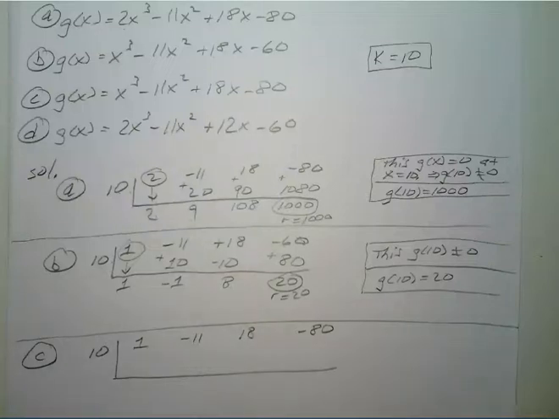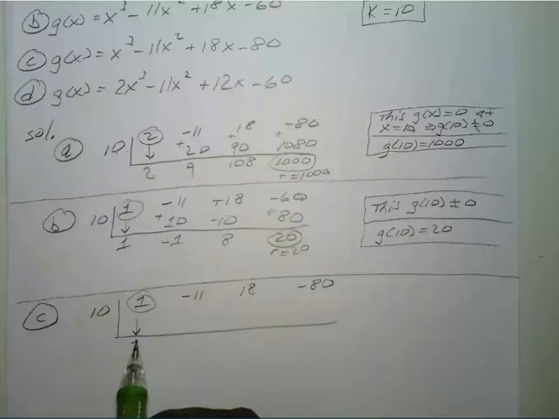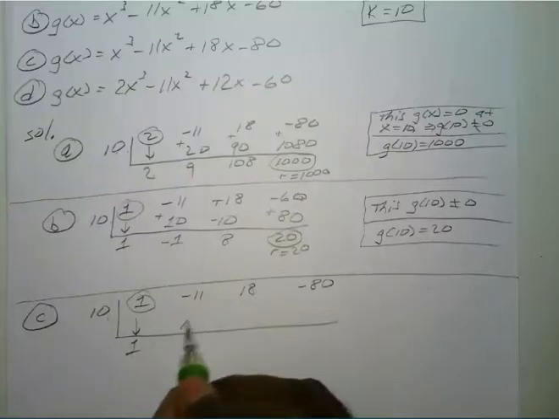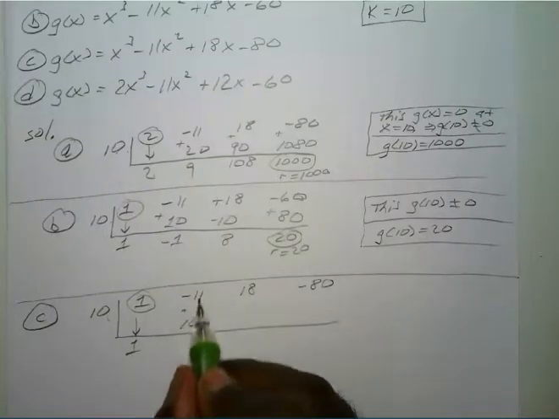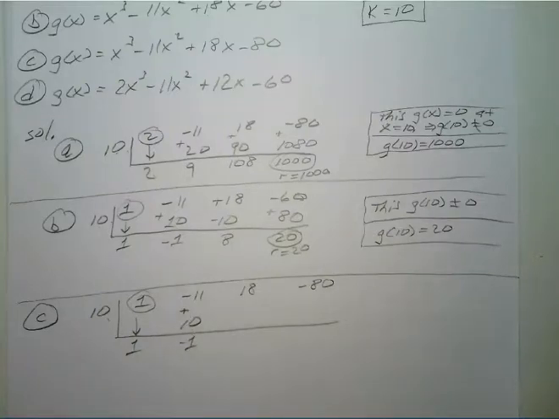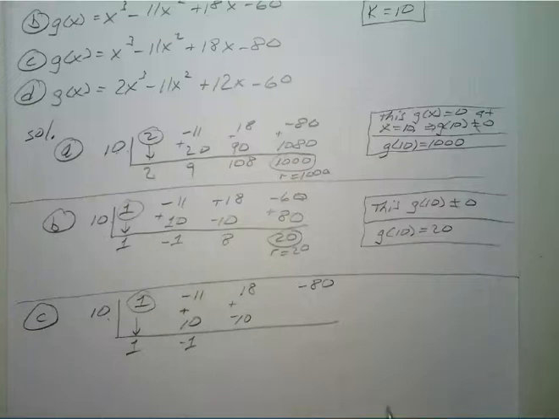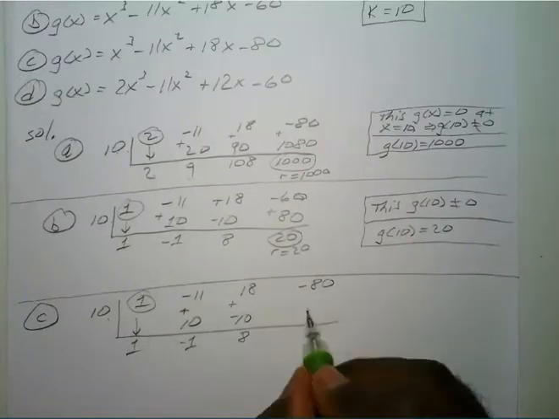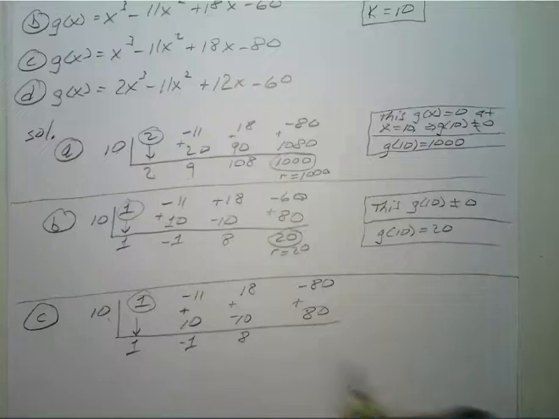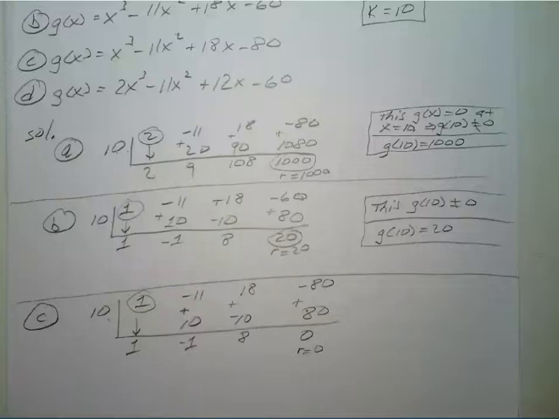So once again, we bring down our first one. 10 times 1 is 10. We add these two together, and we get negative 1. 10 times negative 1 is negative 10. So we add these two together. We get positive 8. 10 times 8 is 80. We add these two together, and we get our remainder of 0.